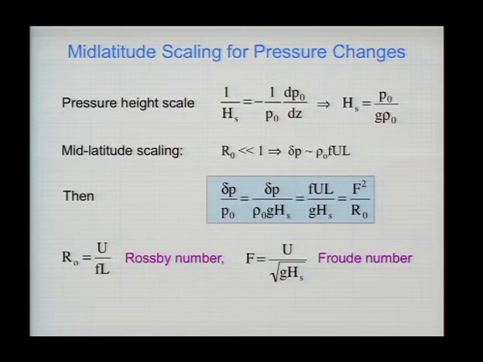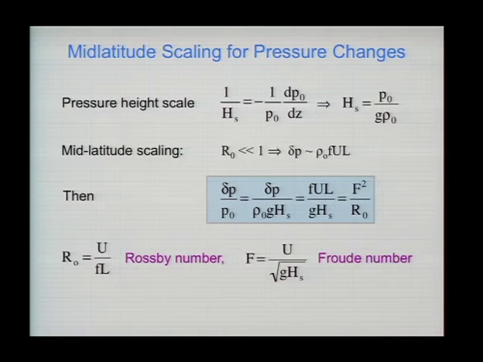It's telling us something about how fast the pressure is changing. What is the fractional change in pressure? So it gives us a height scale. We know for an isothermal atmosphere, the pressure will decrease exponentially, so it goes like e to the minus z divided by H.